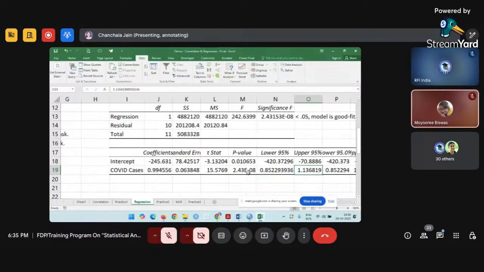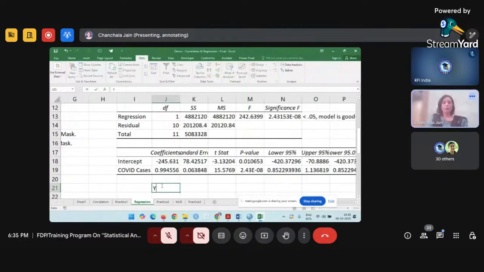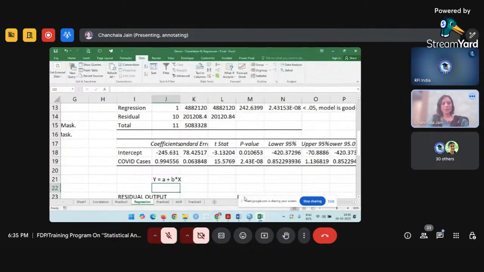Yes, ma'am. Now we will make the equation or model, which is y equals a plus b into x, or you can say mass sold equals minus 245.631 plus 0.99 multiplied by number of COVID cases, right?